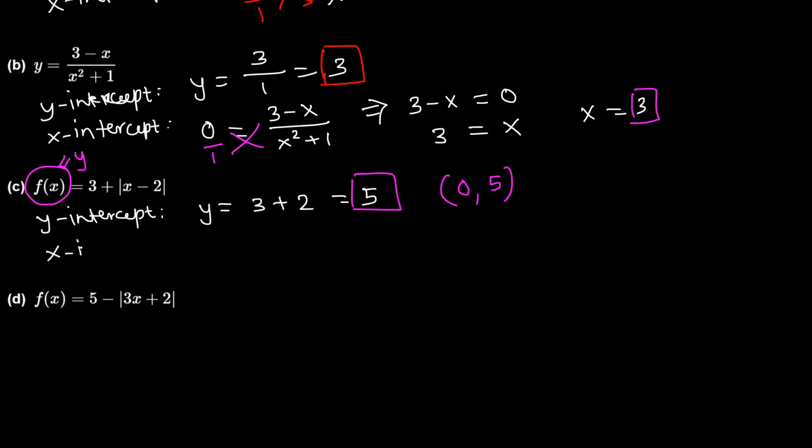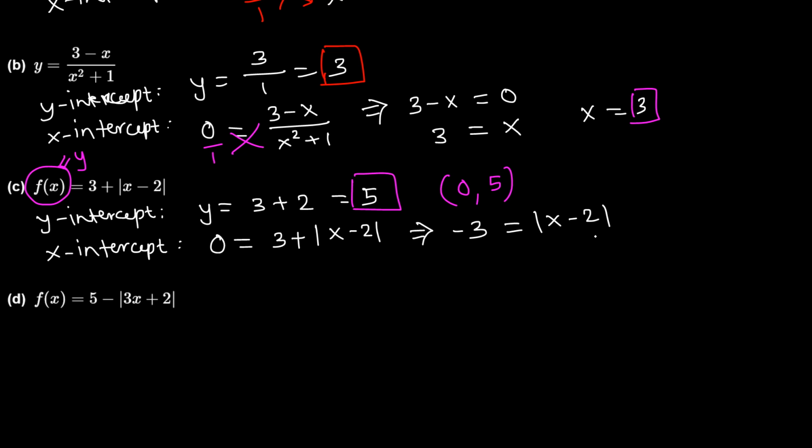Now let's find the x-intercept. We set y equals 0, so the left-hand side is 0, equals 3 plus the absolute value of x minus 2. This is the absolute value, so let's move 3 over. That means subtract 3 from both sides. So when we subtract 3 from both sides, we get negative 3 equals the absolute value of x minus 2. Now notice the right-hand side is the absolute value of something.